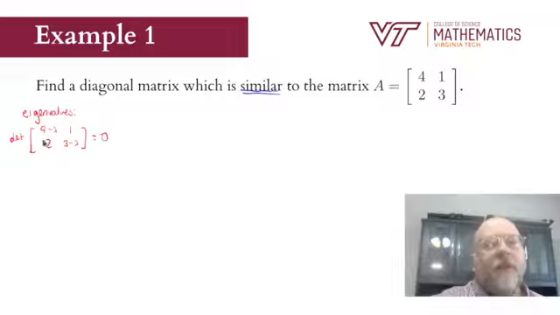So the determinant is (4 minus lambda)(3 minus lambda) minus 2, which is lambda squared minus 7 lambda plus 12 minus 2 equals 0.